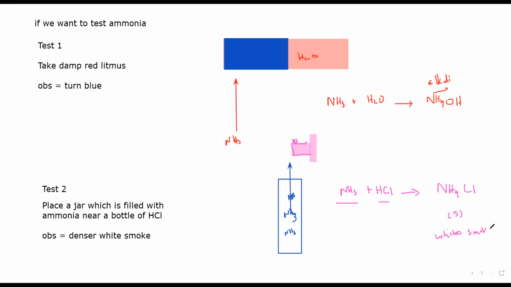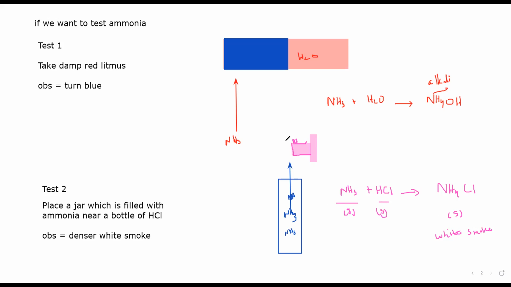So a dense white smoke is formed when ammonia gas reacts with hydrochloric acid, normally hydrogen chloride gas instead of aqueous HCl. So HCl mixed with ammonia results in the formation of ammonium chloride, which is dense white smoke.